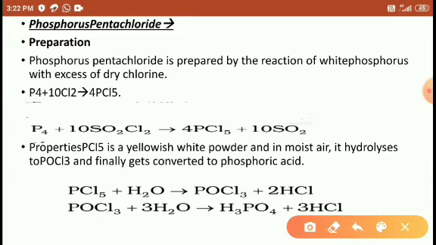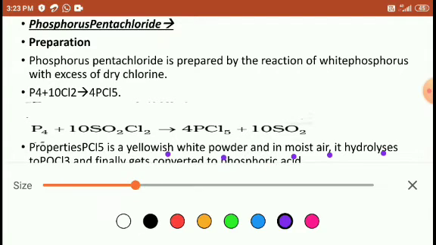Phosphorus pentachloride preparation: phosphorus treated with excess chlorine forms phosphorus pentachloride, or phosphorus treated with excess thionyl chloride forms phosphorus pentachloride and sulfur dioxide. Properties: PCl5 is a yellowish powder, and in moisture it hydrolyses to form phosphorus oxychloride, which is converted into phosphoric acid.